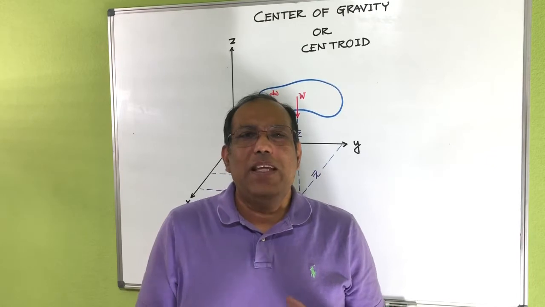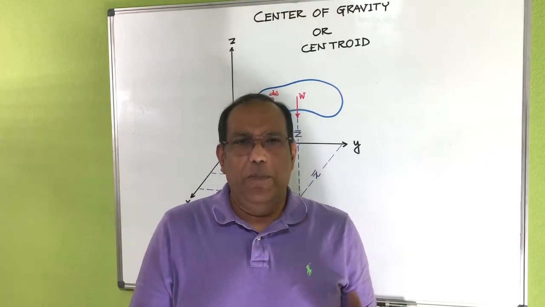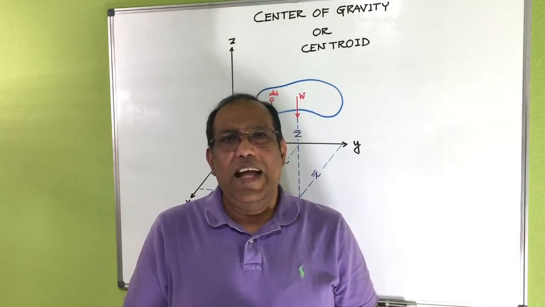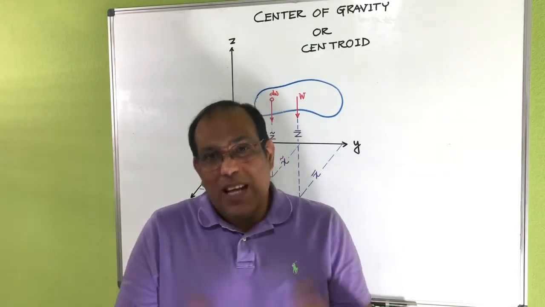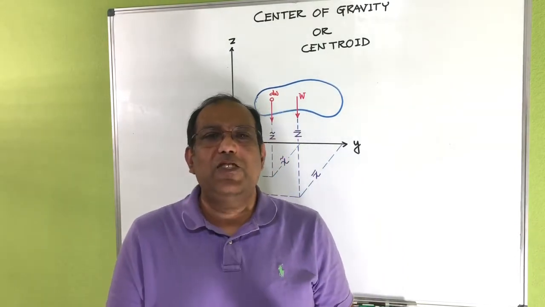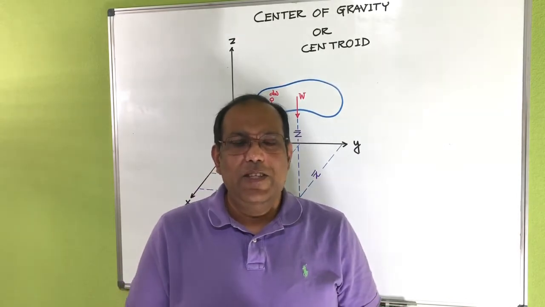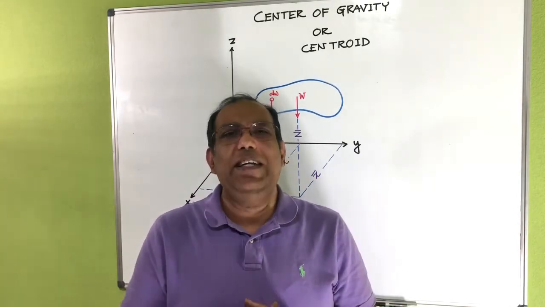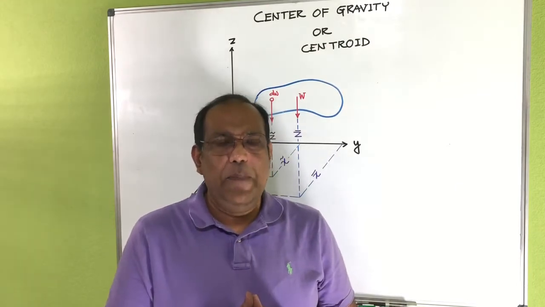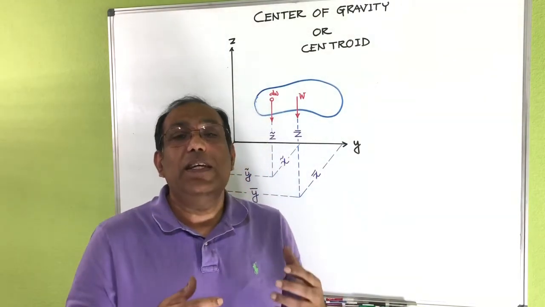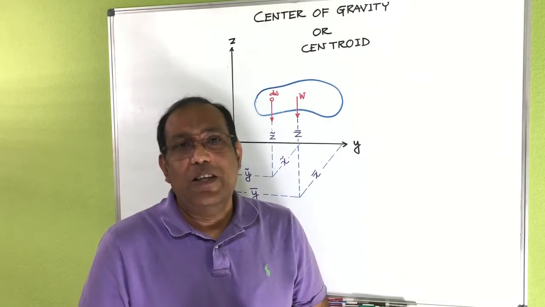If you take the moment of all the particles, and the moment of the resultant force, they have to be equal. So there will be a single point in any mass where the resultant is passing through. That's the center of gravity or the centroid.